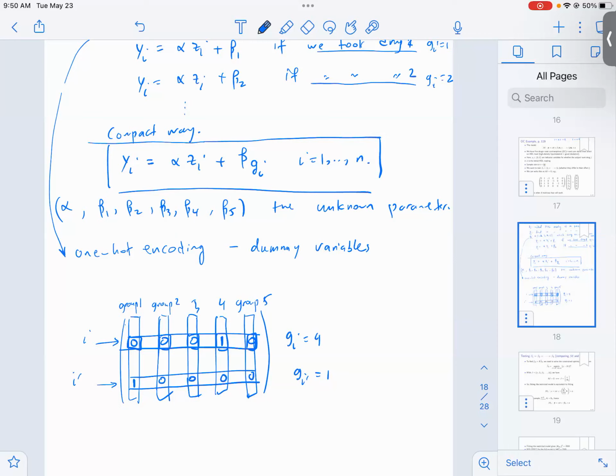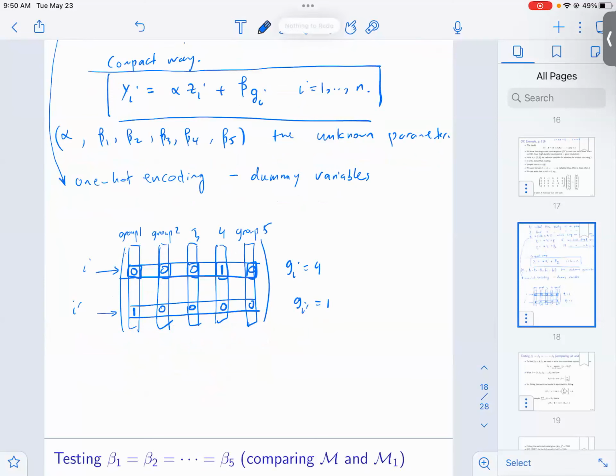Right, so if you look at the rows, it's just one way of encoding the categorical values. So basically you have either 1, 0, 0, 0, 0, or 0, 1, 0, 0, 0, or 0, 0, 1, 0, 0, or 0, 0, 0, 1, 0, or 0, 0, 0, 0, 1. So you just encode these categories with this binary vector.